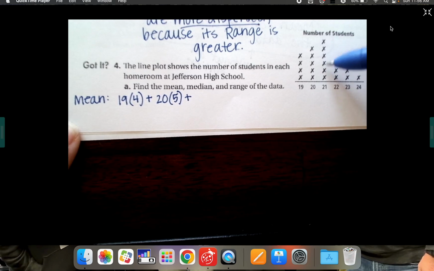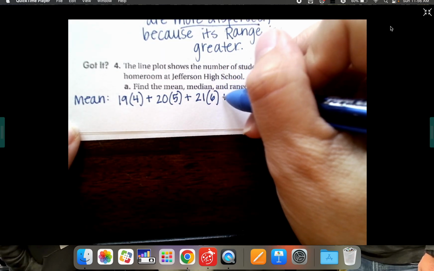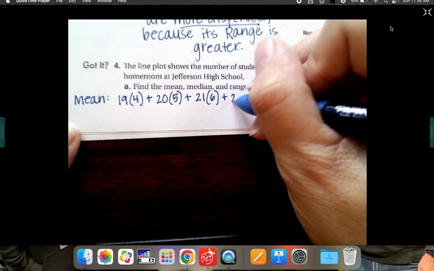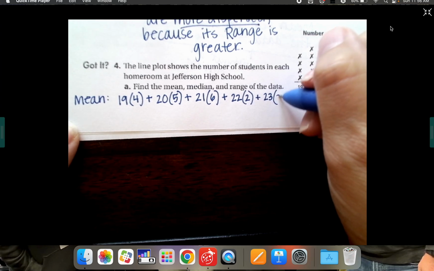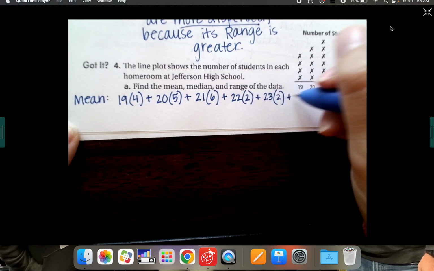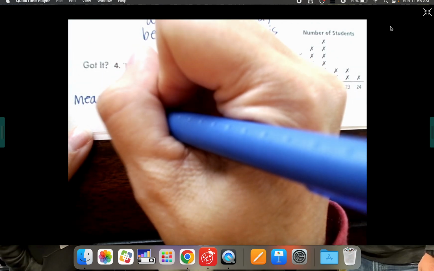And then I'm going to take 21 six times. And then I'm going to take 22 twice, because there are 2 of those. And then I'm going to take 23 twice. And then I'm going to add 24, because there's only 1 of those. So I already did this in my calculator, because I know you probably paused the video and did it yourself too. And I got a total of 416.